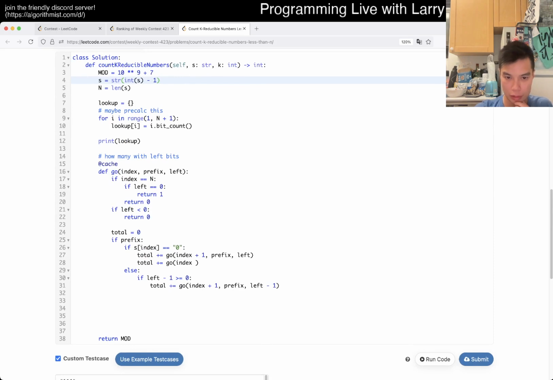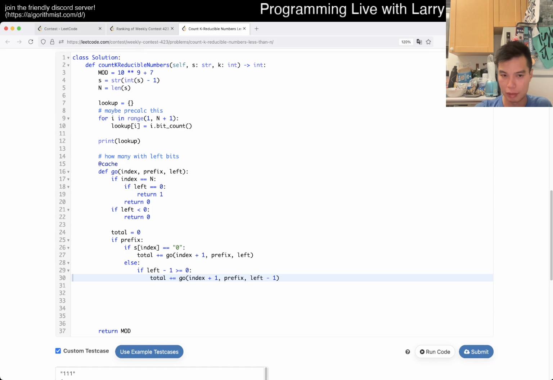Okay, so then now if this is 0, then we keep the same, and that's it. If this is 1, then we keep the same, or we go lower, right? We keep the same with the prefix, or we go lower.